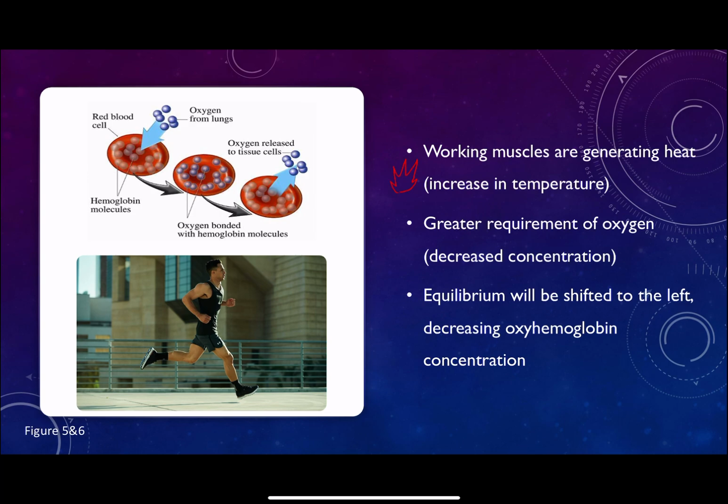And according to Le Chatelier's principle, there will be a shift in equilibrium, resulting in a decrease in oxyhemoglobin concentration. The heightened requirement for oxygen, coupled with the increase in temperature, shifts the reaction to the left. Runners will have a lower hemoglobin level by about 10 grams per liter, meaning that the Kc value would be altered, but equilibrium is able to be restored with time and rest.